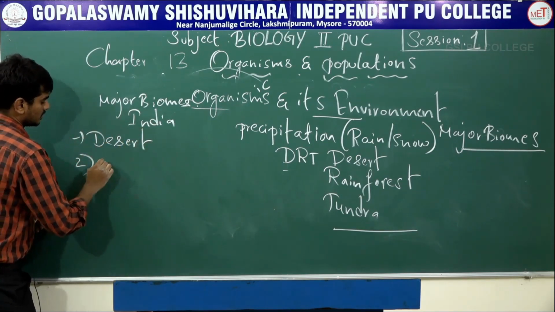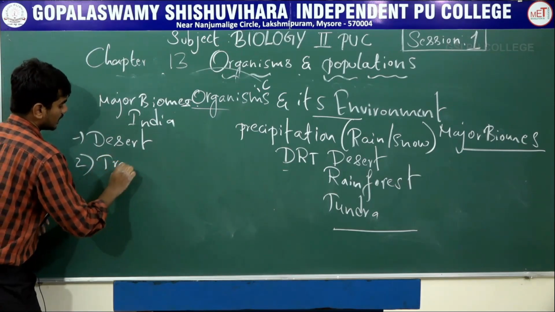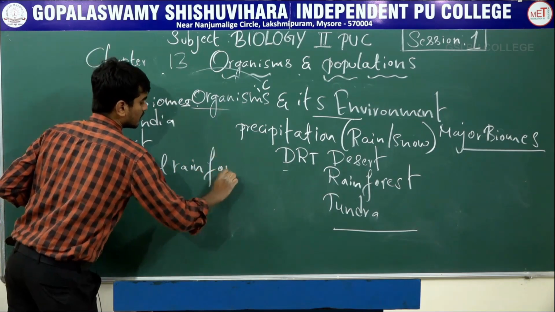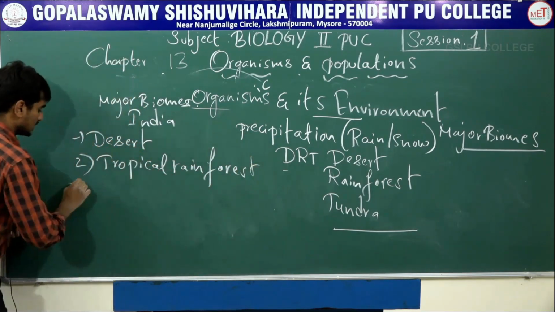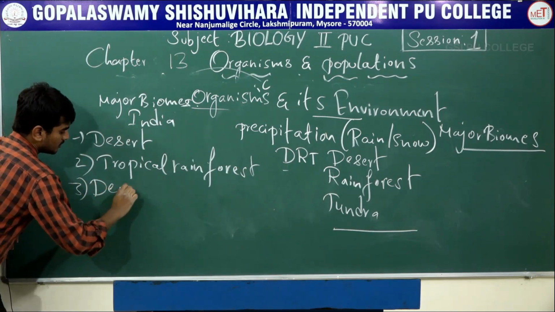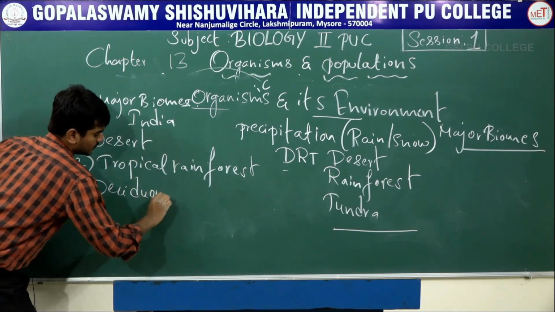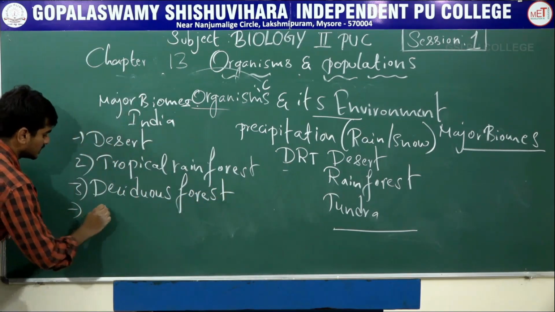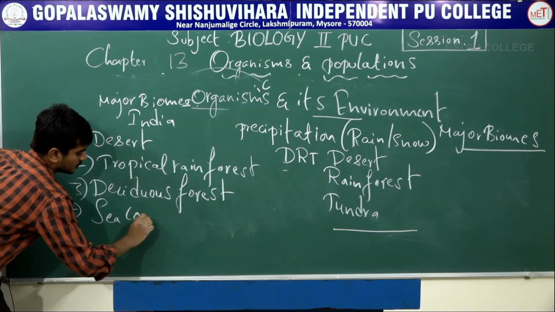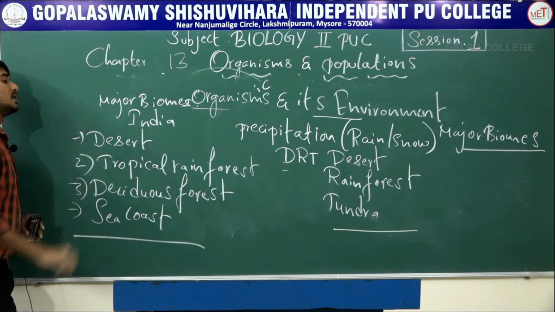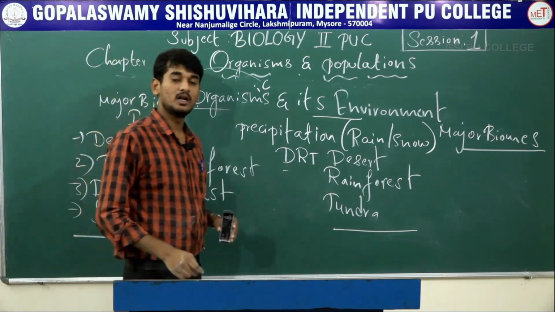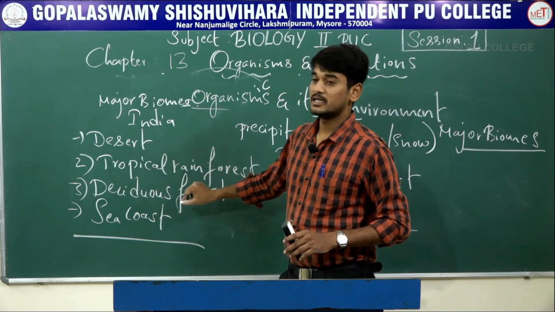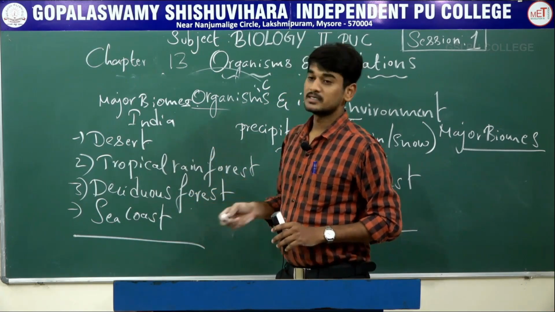Number 2, tropical rainforest. Number 3, deciduous forest. Number 4, sea coast. So these are all the major biomes in India: desert, tropical rainforest, deciduous forest and sea coast.